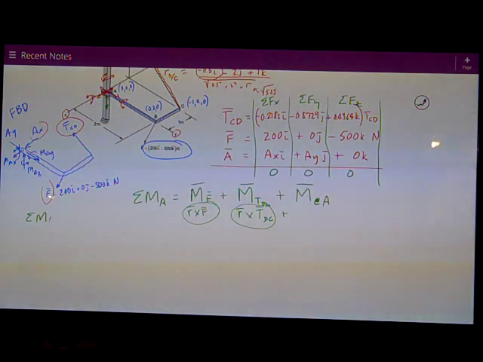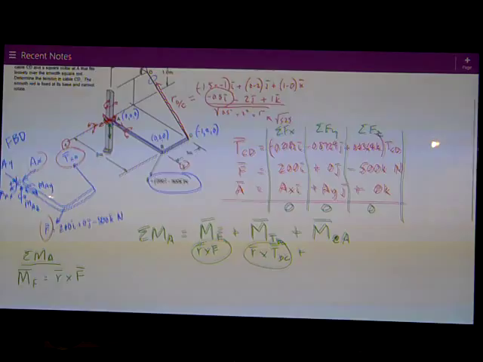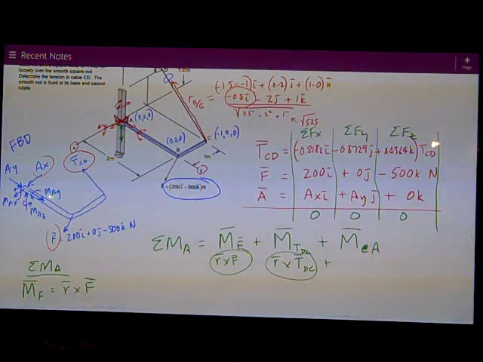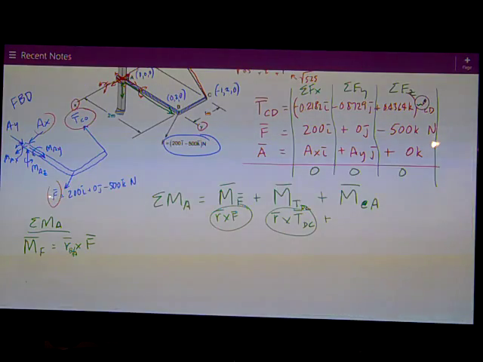The sum of the moments about A is the moment caused by F, which is a cross product, R cross F. Looking back at my free body diagram, I'm taking moments about point A, so I need this position vector from A to point B. So I would call that RB over A. Then that's going to produce a 3 by 3 determinant: i, j, k on the top.